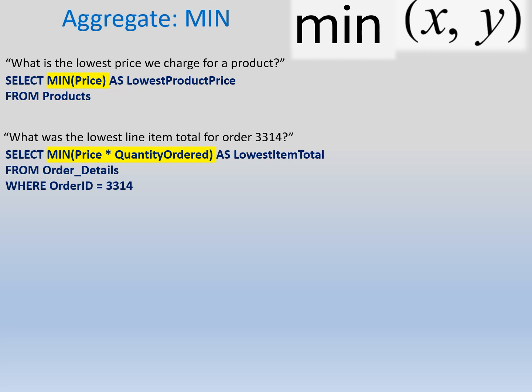That is the calculation for our line item total, and we're using the min on that calculation because we want the lowest value. Our condition is in the where clause. We have where order ID equals 3314.